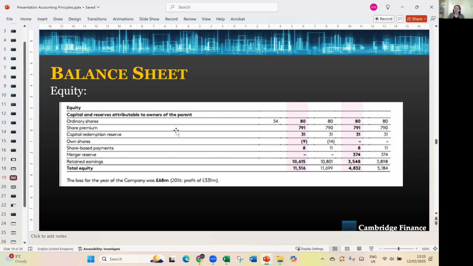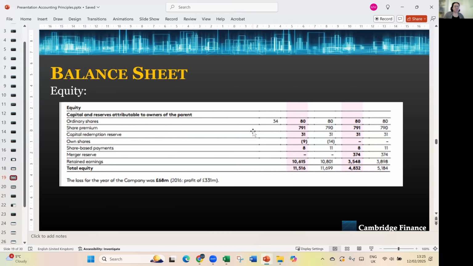So in theory, the share value of this company should be this equity here, divided by the number of shares that there are. So in this case, there are 80 million ordinary shares, and the total equity of this company is 12 million, I think.